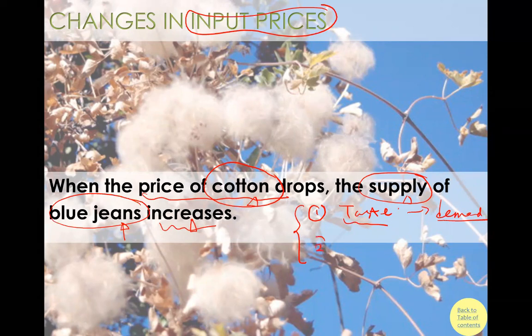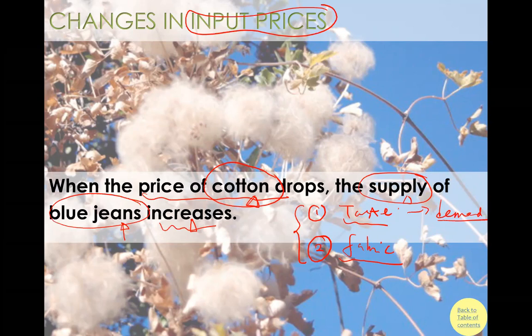Now, the other possible things can affect the discussion we just had. So the price of cotton drops, but if there's a new fabric whose price drops more significantly, this new fabric is a new innovation. It feels like cotton, or in some sense it's a perfect substitute for cotton, but it's way cheaper to produce.